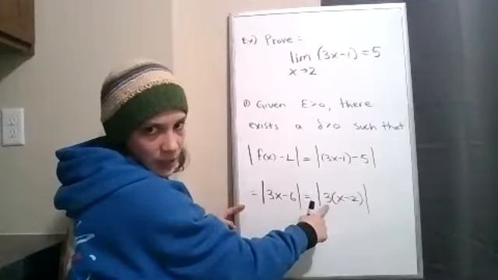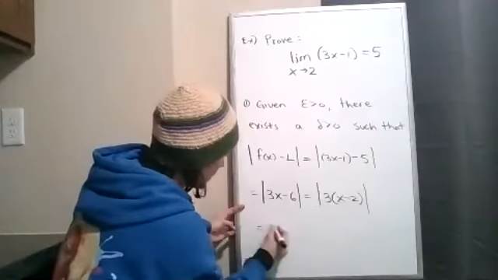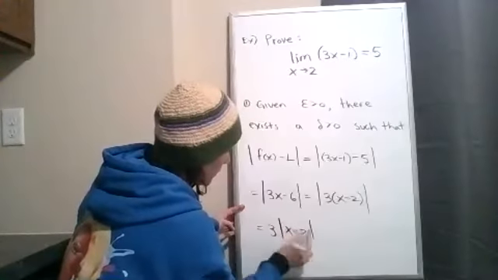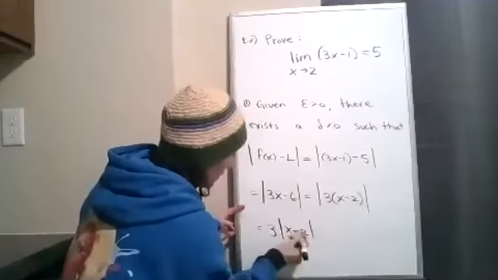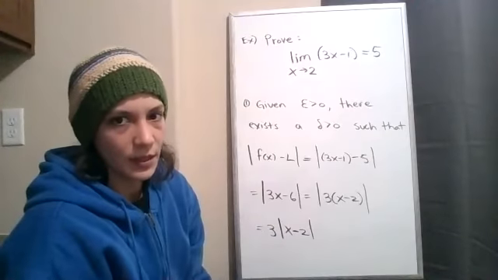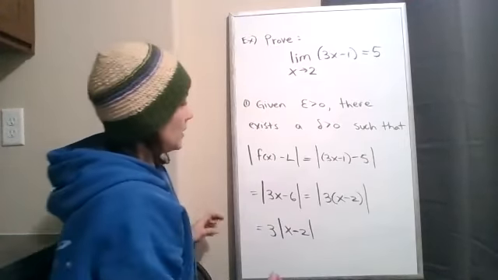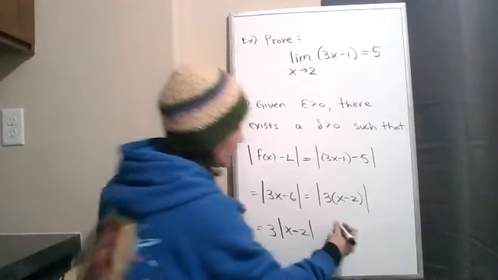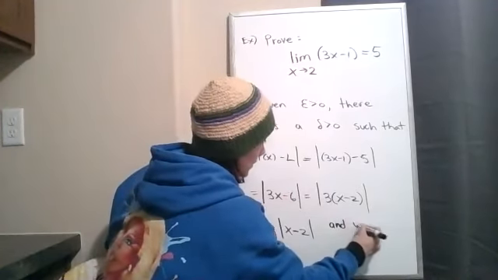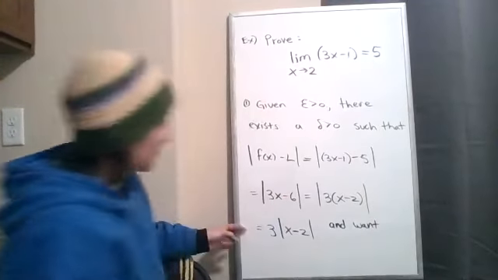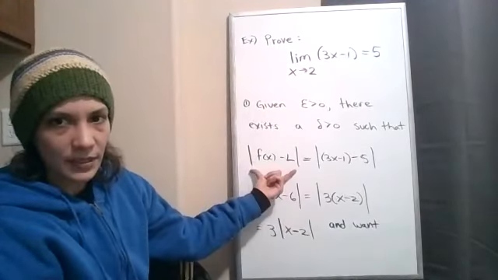Absolute value of 3 is 3, so you could bring out 3 absolute value of x minus 2. We wanted this to be less than epsilon.